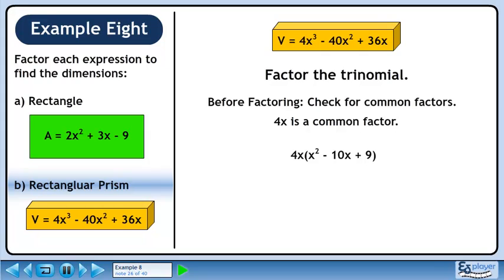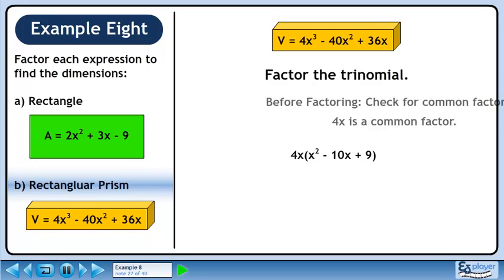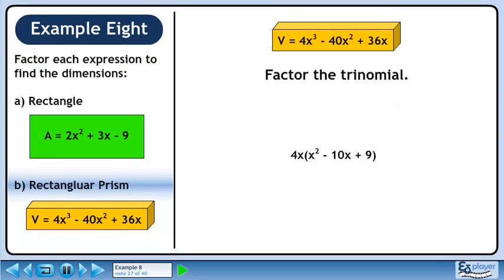Pull 4x out of the trinomial, giving us 4x times x squared minus 10x plus 9. Put 4x in holding while we factor x squared minus 10x plus 9.